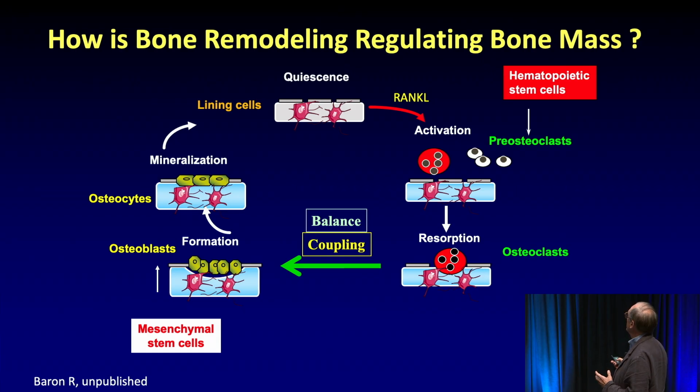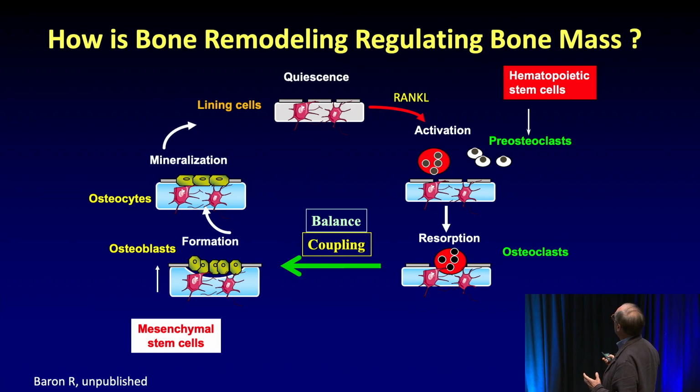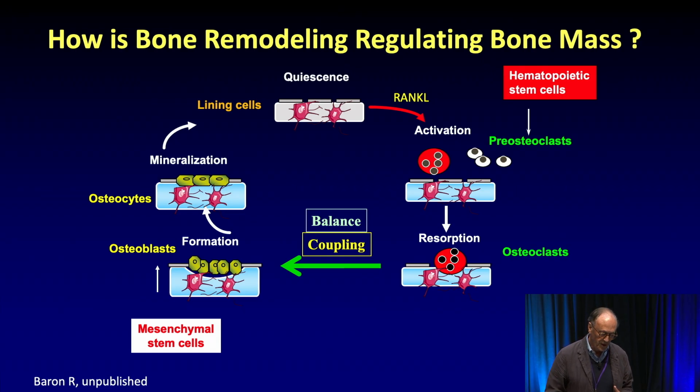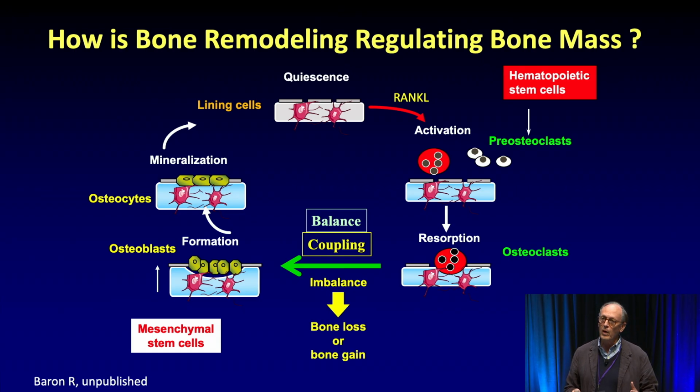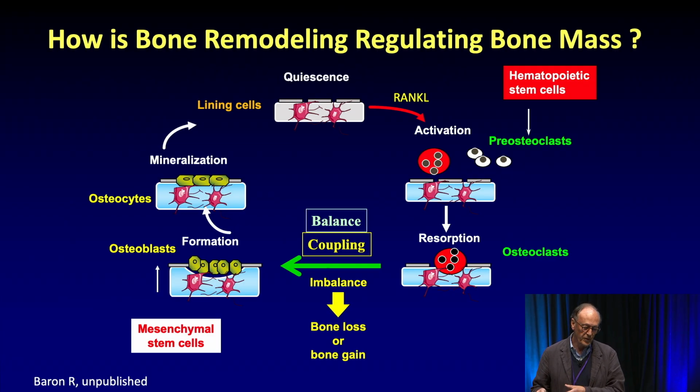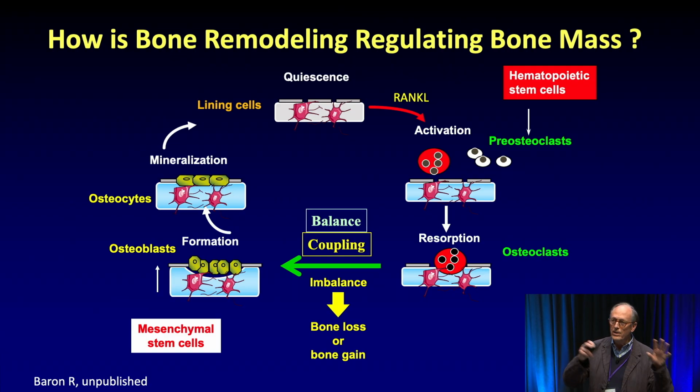In other words, ideally, the amount of bone that is formed here during that phase is equal to the amount of bone that was resorbed during the resorption phase. But of course, there are many, many instances of imbalance, and these imbalances can lead to either bone loss if the resorption is dominant, or bone gain if the formation is dominant. So this is the cyclic activity of remodeling that is happening in millions of microsites in your skeleton as we speak.